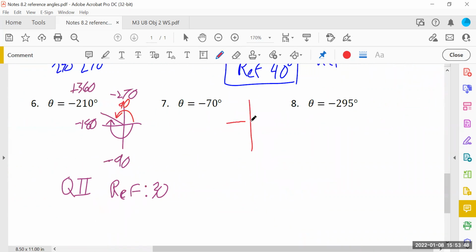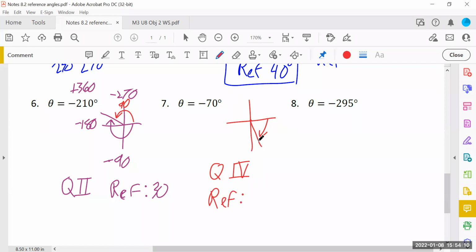-70, it's right here, right? Not quite to -90. There's my angle. Now I'm in quadrant 4. Again, always Roman numerals. And my reference angle is going to be almost to -90, right?